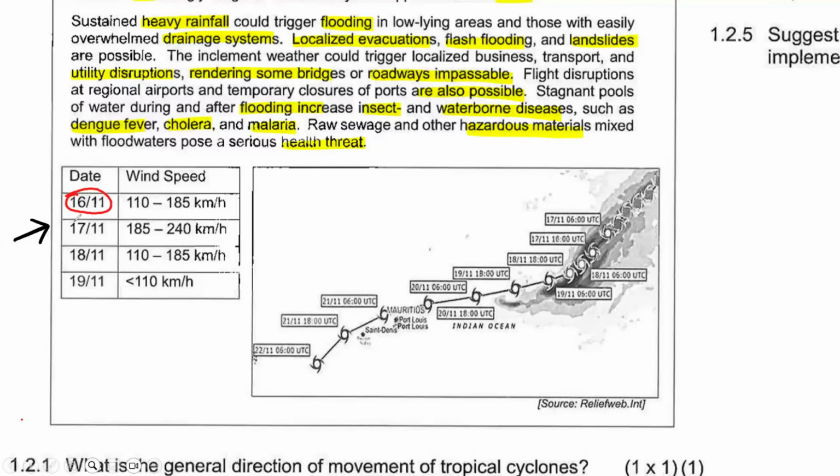On the 17th of November, the next day, the wind speeds are between 185 and 240 kilometers an hour. On the 18th, the wind speeds are at 110 to 185 kilometers an hour. And on the 19th, the wind speeds are less than 100 kilometers an hour. Even if you're doing math lit, you know that this sign means less than. So the wind speeds are less than 100 kilometers an hour on the 19th.